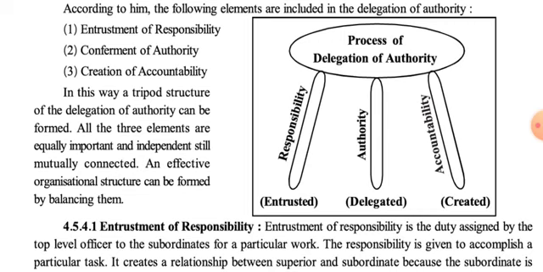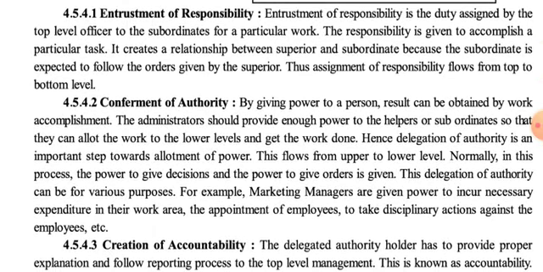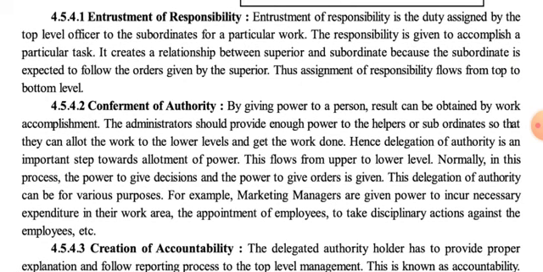Without any one amongst these three, we cannot run the organization successfully. An effective organizational structure can be formed by balancing these three. So after that, now let us discuss these 3 points in detail. In that, the first one is the entrustment of responsibility.